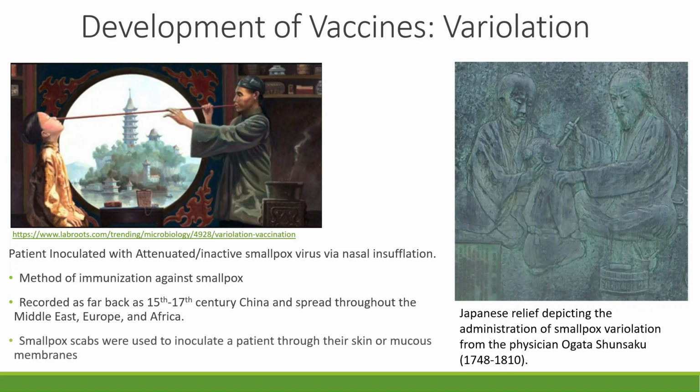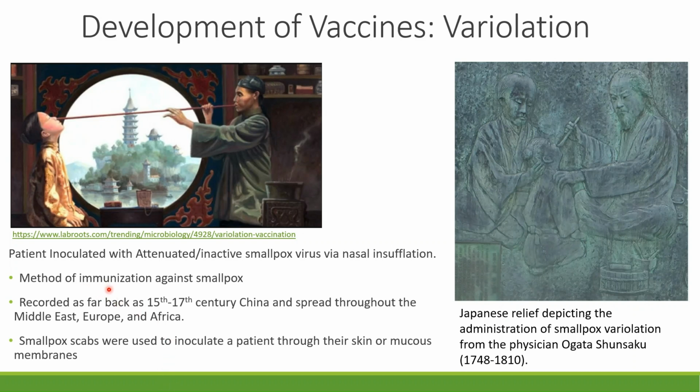The procedure involves using smallpox scabs. Those scabs are usually dried out, maybe exposed to sunlight. They didn't know about viruses at the time, but the UV light in the sun, as you can imagine, is going to damage the nucleic acids in the virion particles, and that makes them less effective at causing an infection.